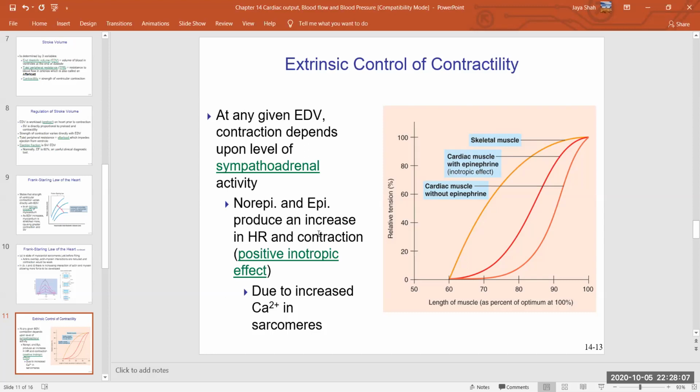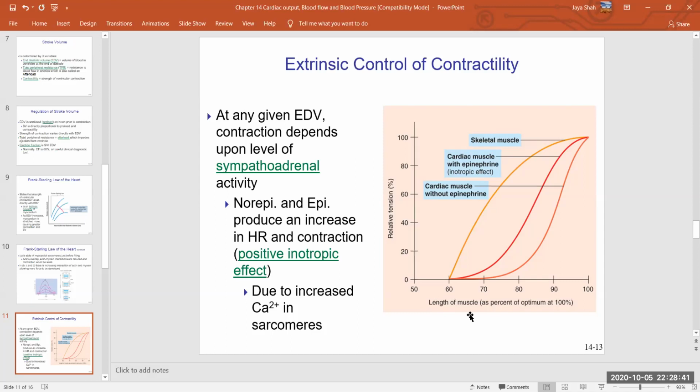Norepinephrine and epinephrine produce an increase in heart rate and contraction, which is called positive inotropic effect, because norepinephrine and epinephrine increase cytosolic calcium. So they increase intracellular calcium in the cardiac muscle cell, and that's why they increase the contraction. It is due to increased calcium inside the cytoplasm.